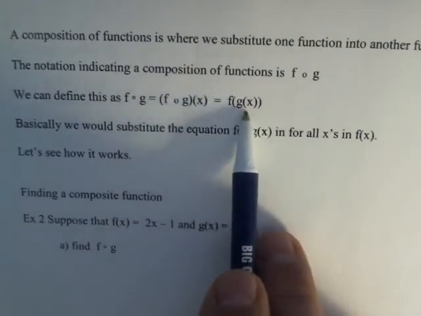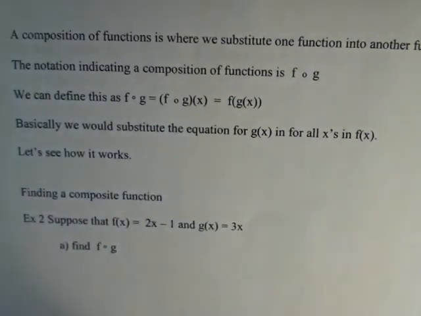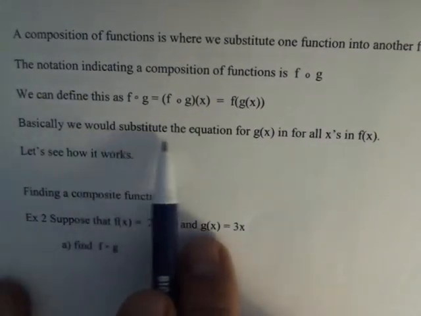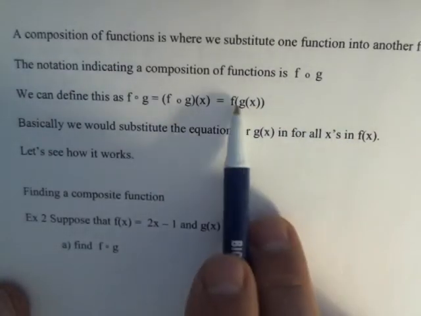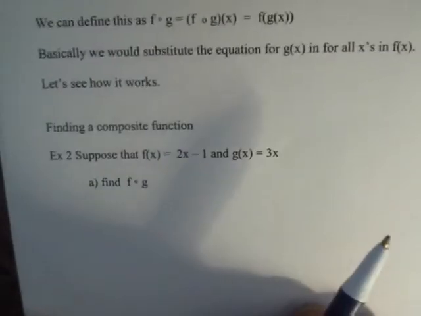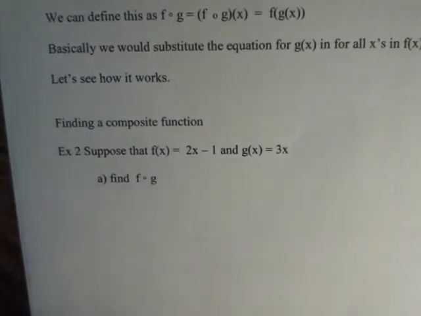And I do think changing the way it's written to this might make it a little easier for you to understand what's going on. So basically we would substitute the equation for g of x in for all x's in f of x. That's what this means. So let's see how it works.